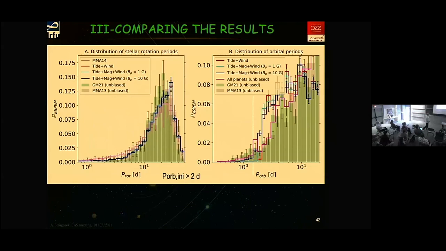Yeah, so the idea is we want to see what is the contribution of each of the torques in the shape of the systems, to see if there is one which is better than the other ones. So in fact, if you have a small magnetic field in the planet, or you don't have one, you usually have exactly the same distribution at the end.